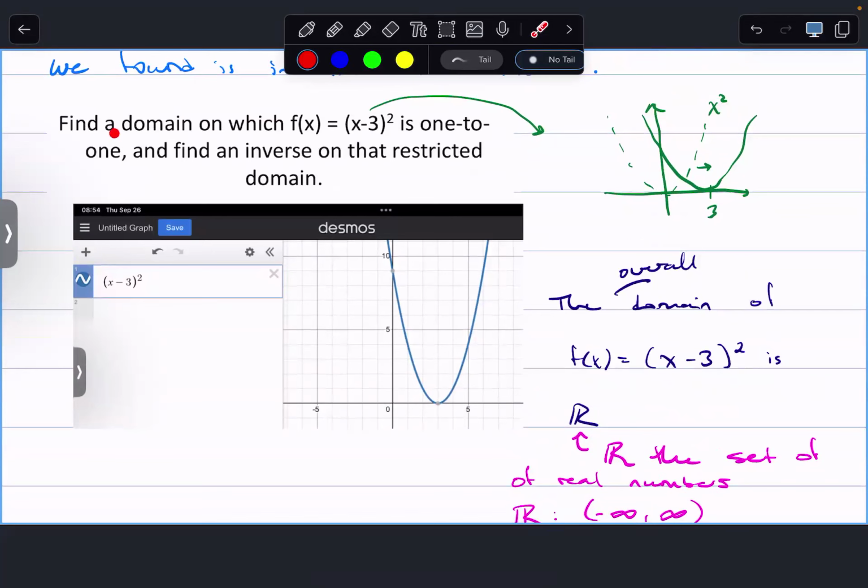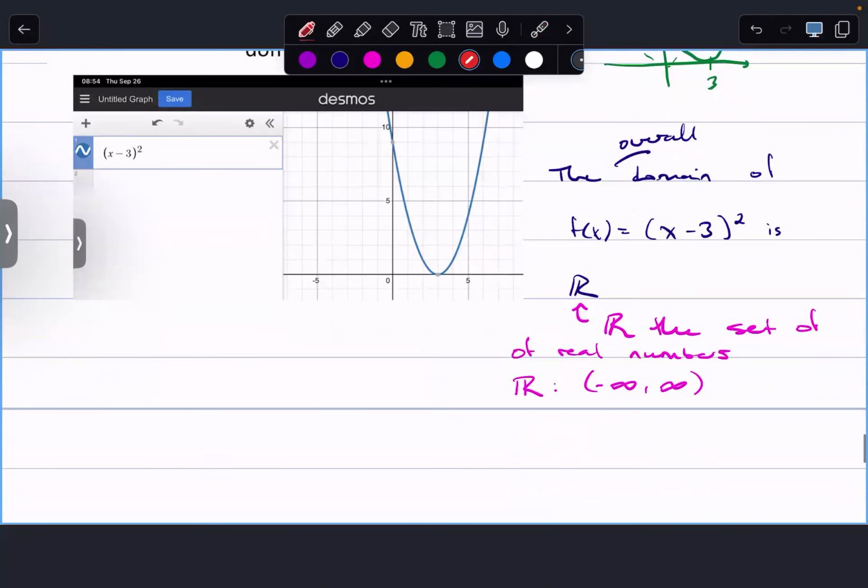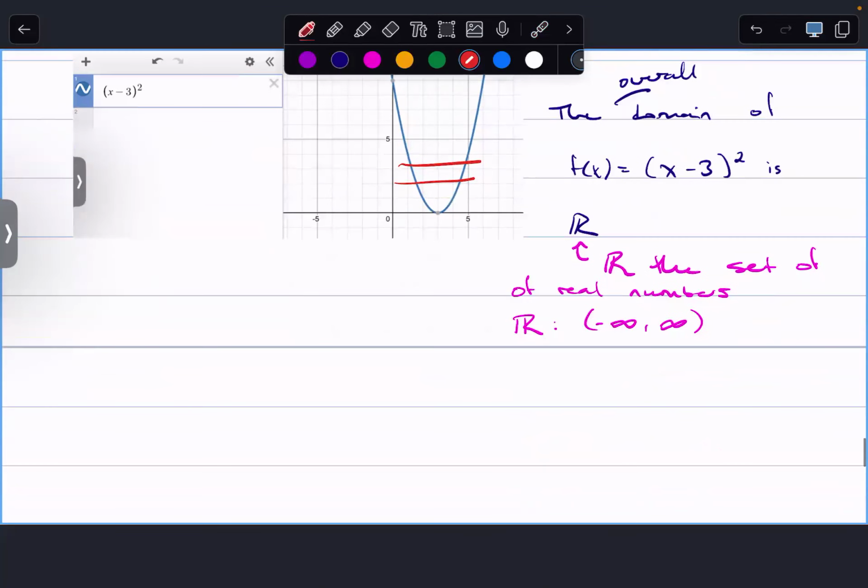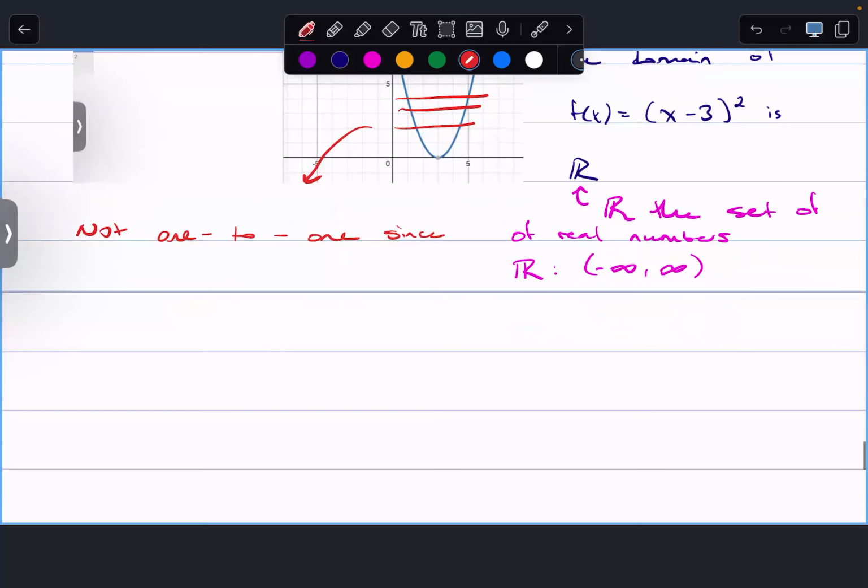So what we're asked to do is, well, first, I'll just do a couple of lines here. Not one-to-one, since it does not pass the horizontal line test, HLT.